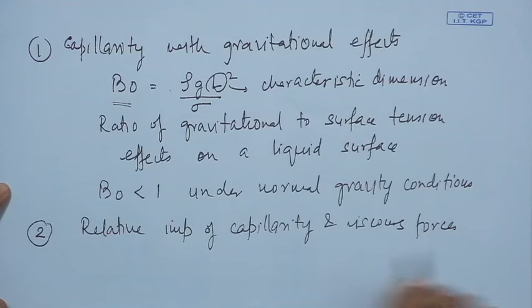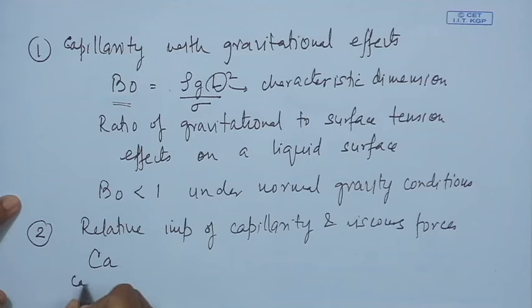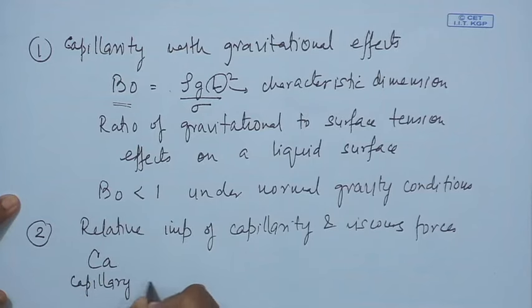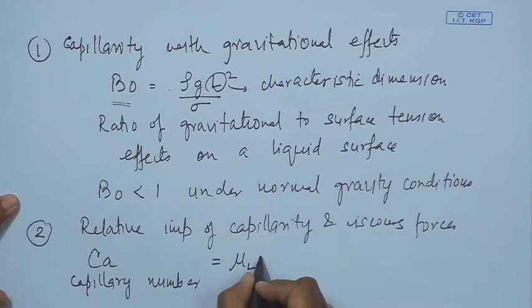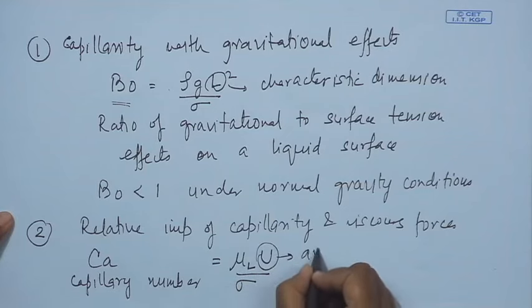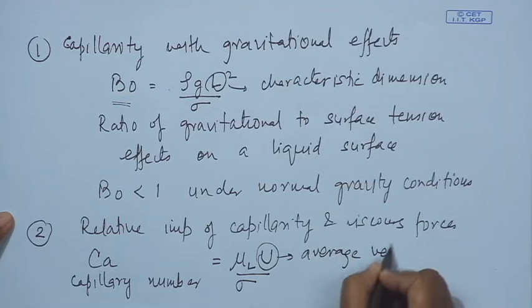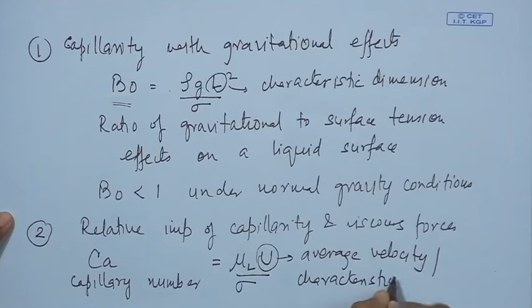This is the most pertinent non-dimensional group in flow systems, and this is known as the capillary number, defined as mu liquid U by sigma, where U is some particular characteristic or average velocity of the system.